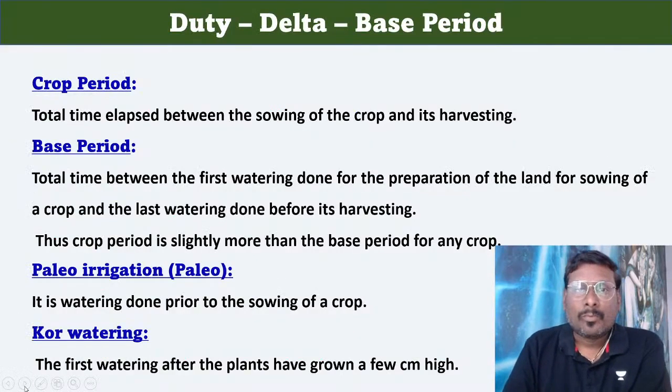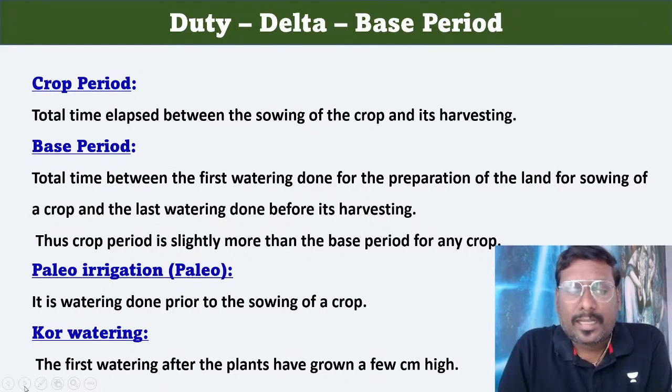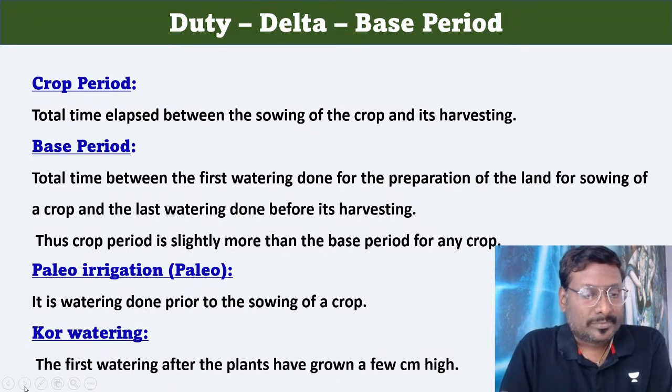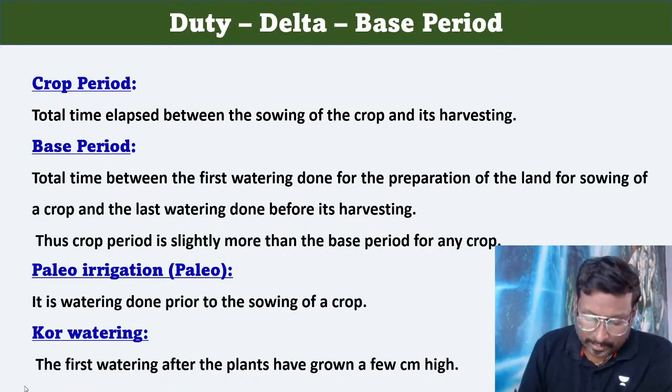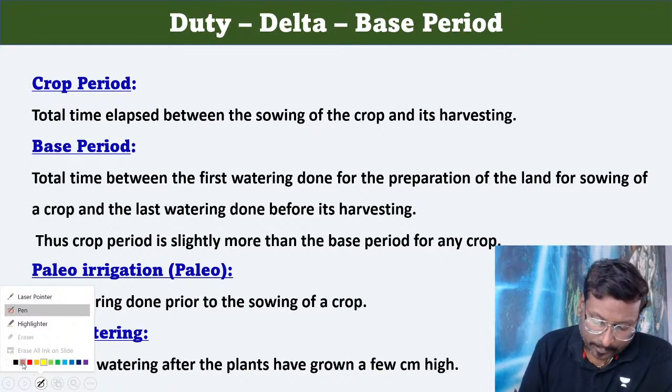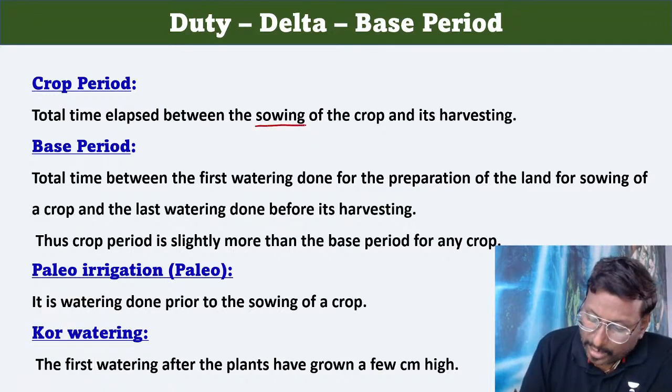Chalo. So now duty, delta, base period. Before talking about what is duty and what is delta, basic terms. Crop period: the time elapsed between sowing of crop.